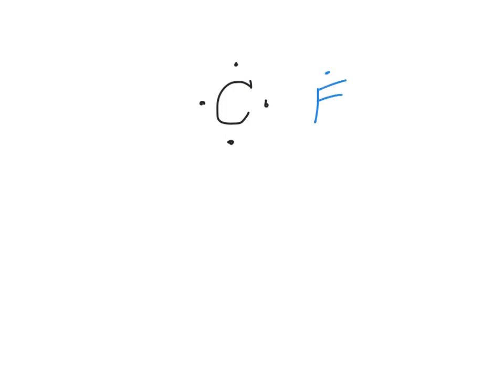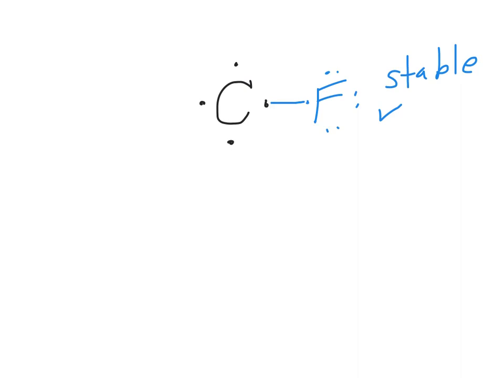Fluorine has 1, 2, 3, 4, 5, 6, 7 valence electrons. Fluorine already has 7. It's close to being stable and close to being happy. It's not going to give up any of its electrons. So carbon will say, well, fine, I'm going to share with you. And now fluorine has 8 valence electrons, but carbon now only has 3 available.